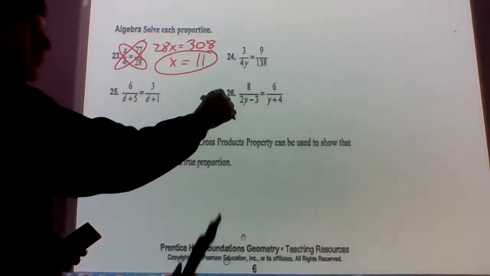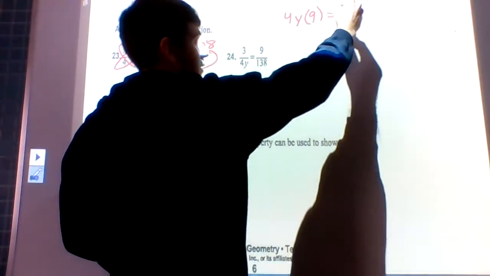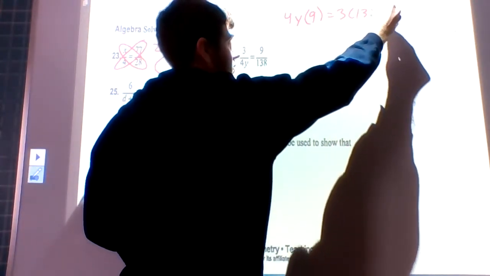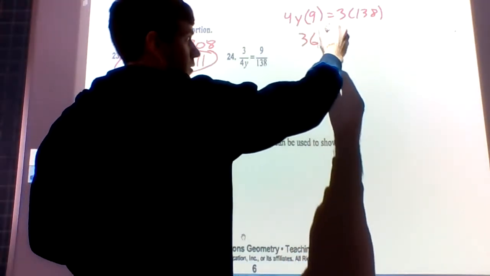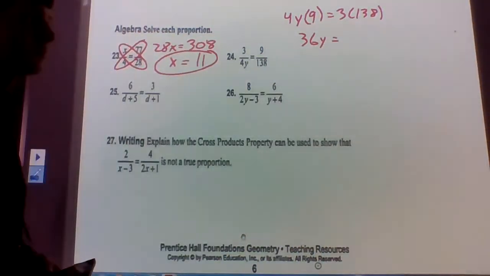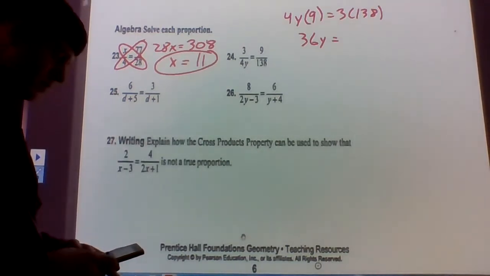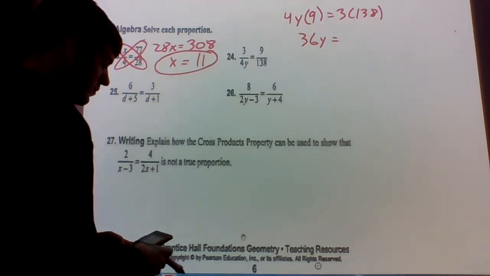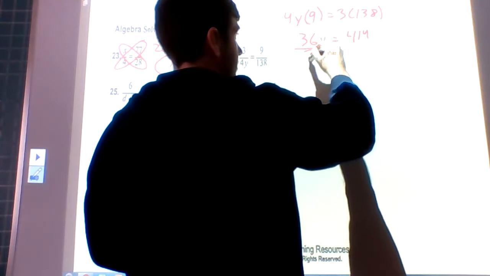Cross multiply here, 4y times 9 equals 3 times 138. It's 36y equals 414 divided by 36.